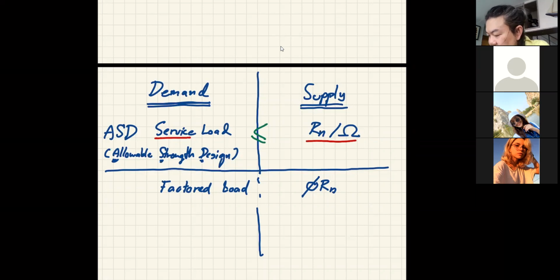Okay, so the key word here is a factored load. Your load will be increased by the factors. You compare with the design strength, which is reduced by the reduction factor. This is the factor of safety.